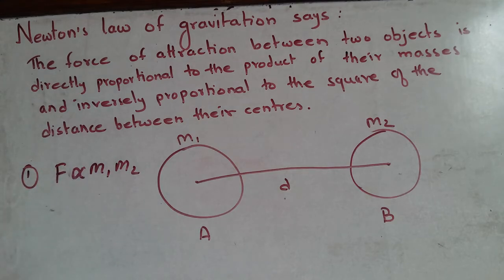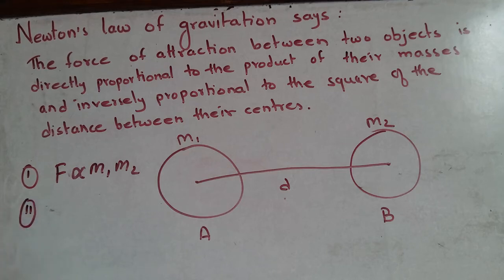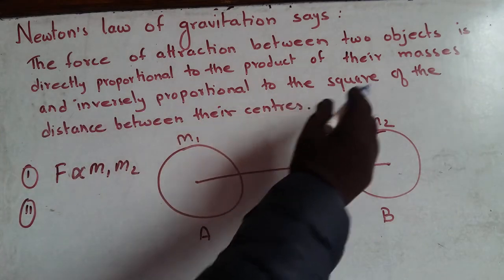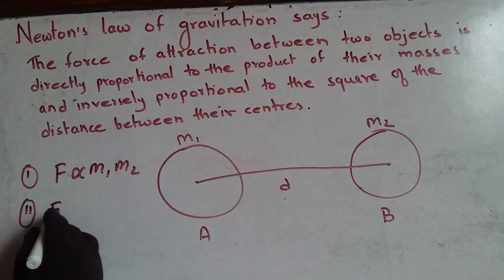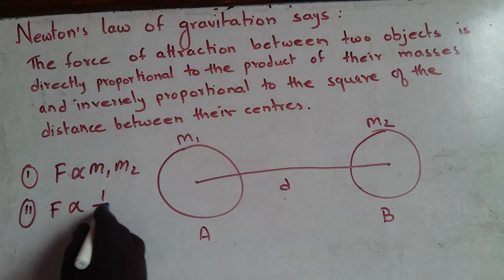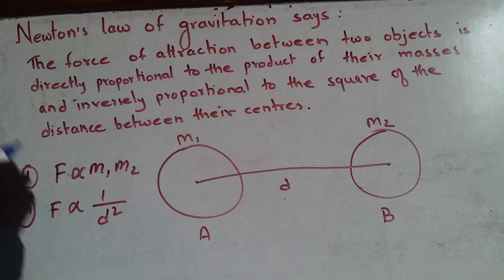From the first part we get this relation, and let's go to the second part. The second part says the force is inversely proportional to the square of the distance between their centers. So these are the two relations we get from Newton's law of gravitation.